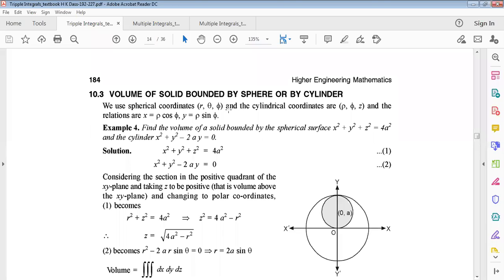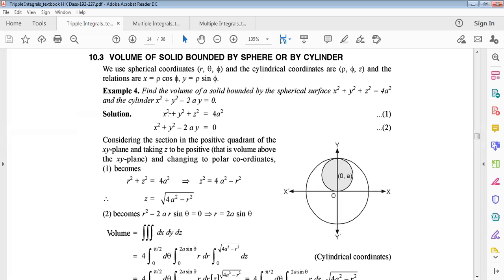The point will be x comma y comma z. In spherical coordinates it is r theta phi, and in cylindrical coordinates rho phi z. The relations are x equals rho cos phi, y equals rho sin phi. We have to remember this transformation.